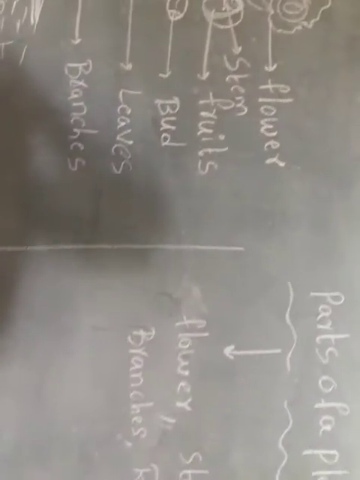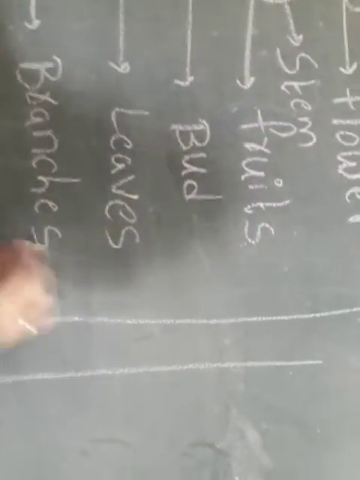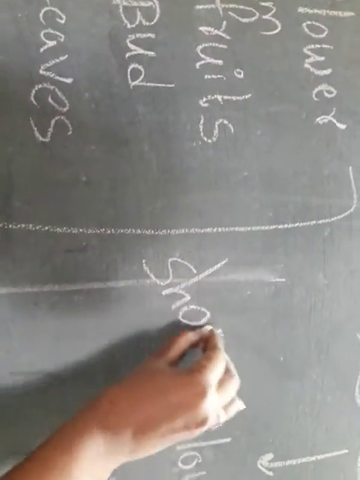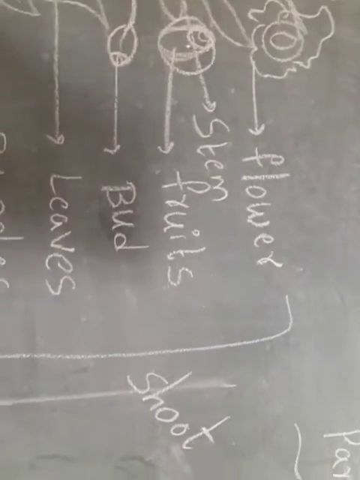Okay, these parts of a plant, flower to branches, are called the shoot part. It's called the shoot part. Okay, it's a root part, and above the ground is called the shoot part. Okay, why is it called shoot part and root part?